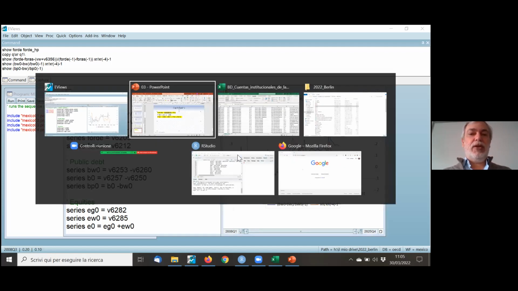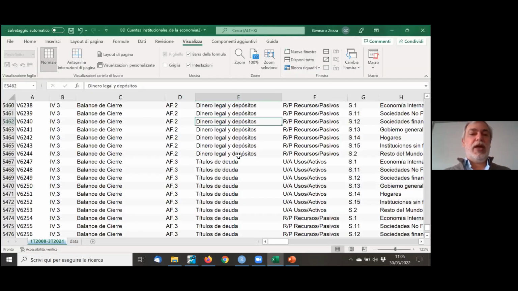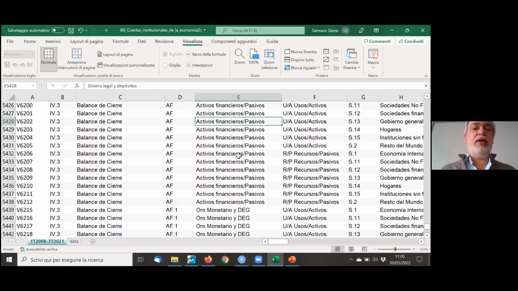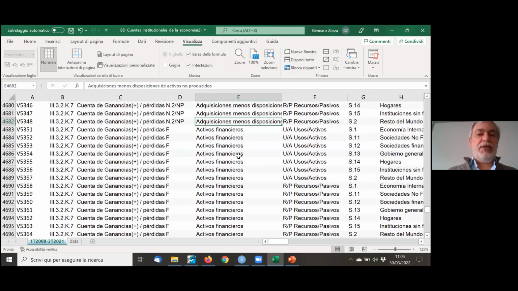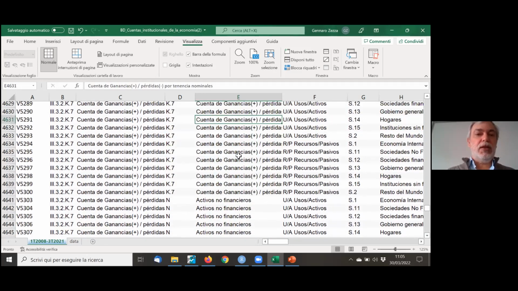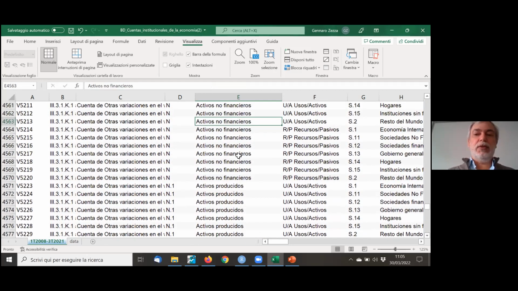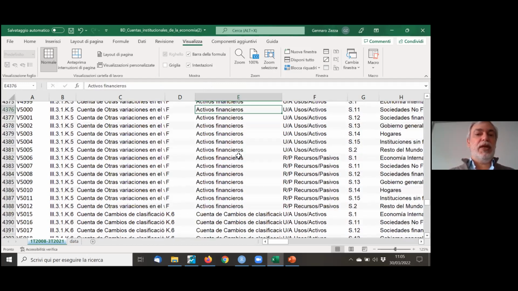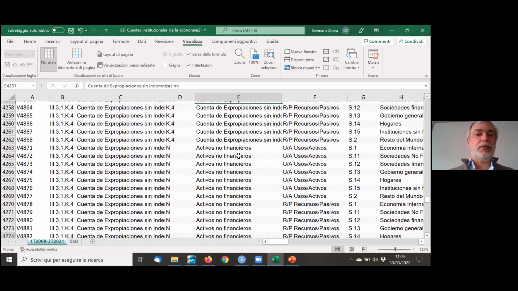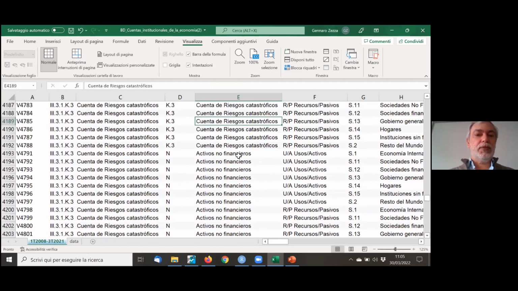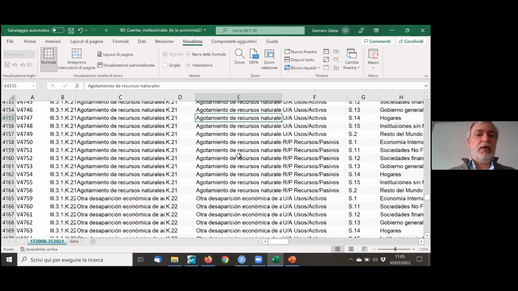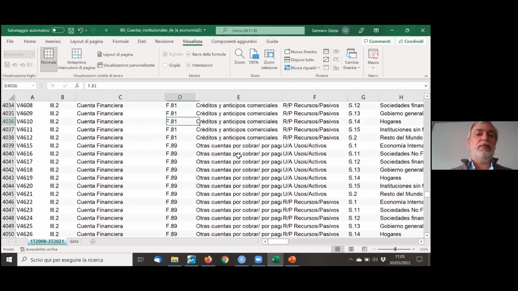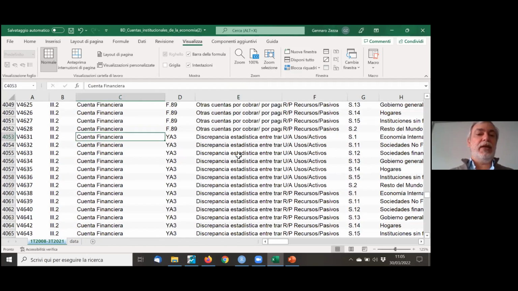We could try to check if what they publish here is useful. So as I told you, they have the financial account. This should be the flow of borrowing and lending for each asset.